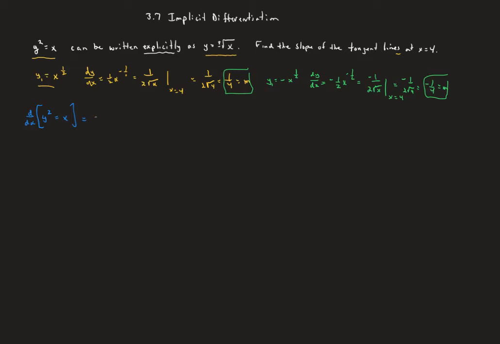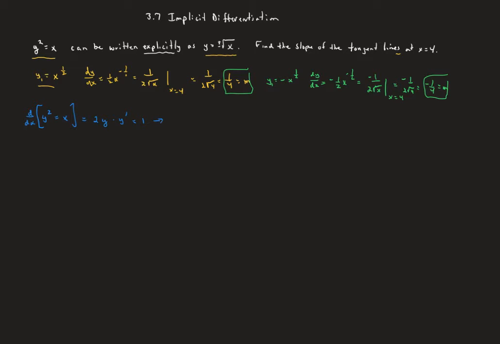So we take 2 times the y to the first, and then times the derivative of the inside function, that y, which we don't know what that is explicitly. So the best I can do is just call that y prime, representing the derivative of that unknown function y. And the derivative of x we still know is 1.